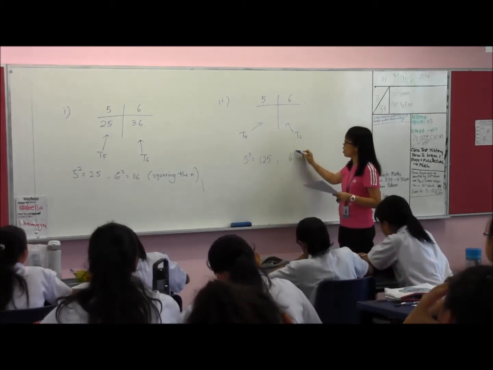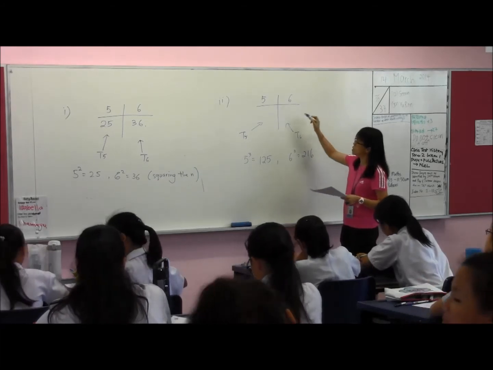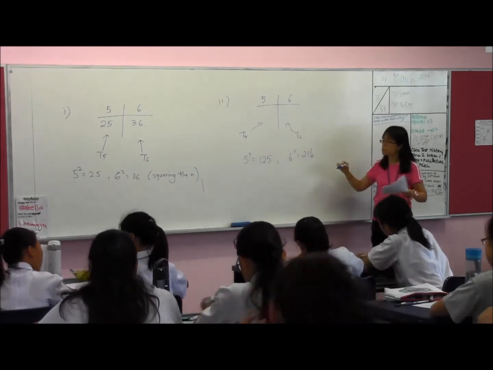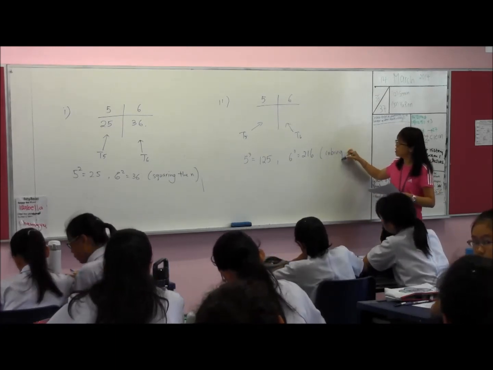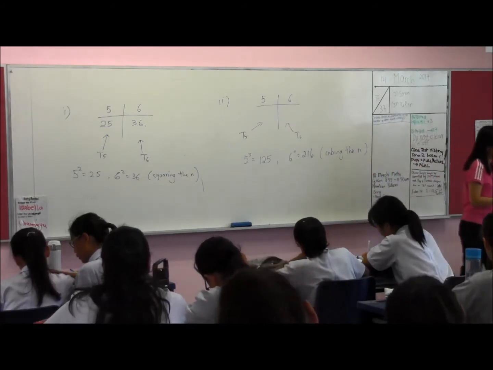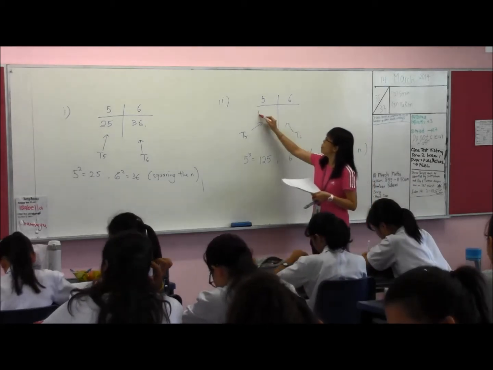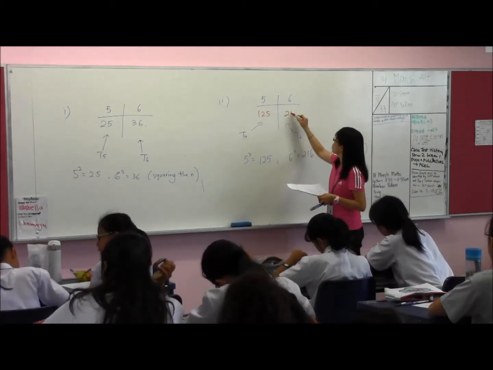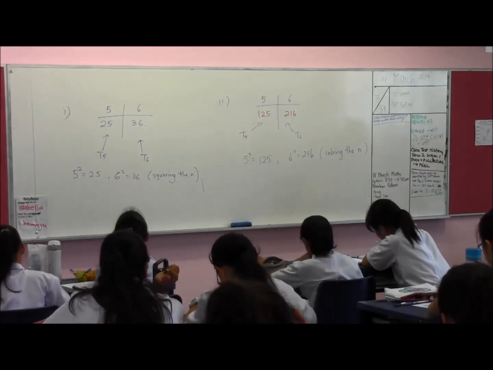Then you cube 6 and you get 216. So these two are your numbers. And of course in the description you can say cubing the n. You want to try the rest of it? No, you want to try first.